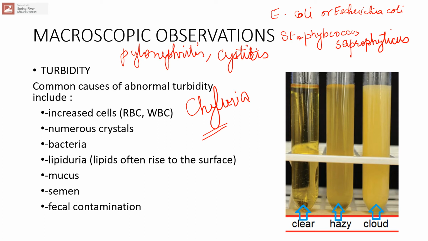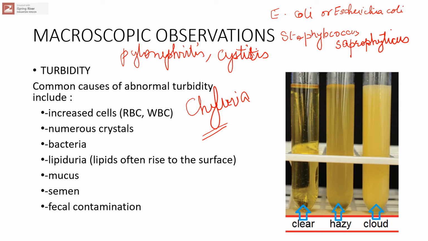This is not a normal condition. Damage to the lymphatic system closer to the urinary tract leads to the exit of chyle in the urine.